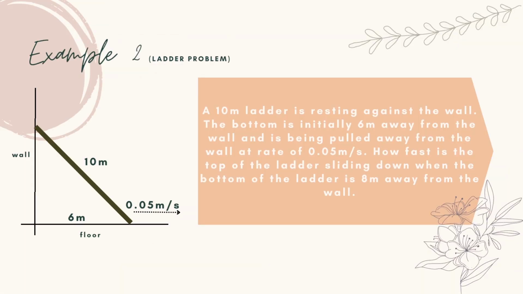Let's go through example 2, the ladder problem. A 10-meter ladder is resting against the wall. The bottom is initially 6 meters away from the wall and it's being pulled away from the wall at rate of 0.05 meter per second. How fast is the top of the ladder sliding down when the bottom of the ladder is 8 meters away from the wall?